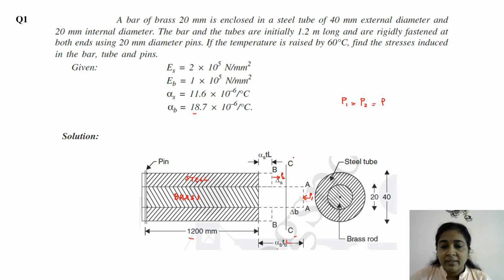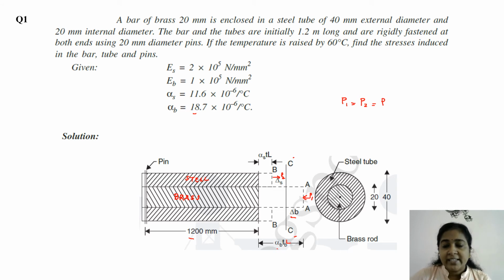And here, because of this compressive force P, the length of the brass member gets reduced, and delta B is the decrease in length of brass because of force P1.